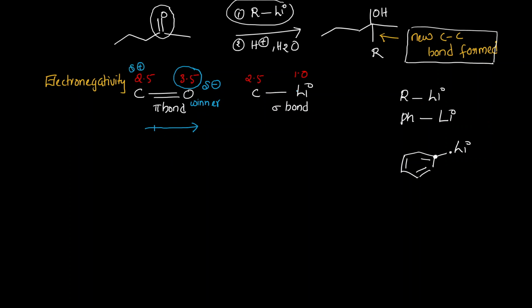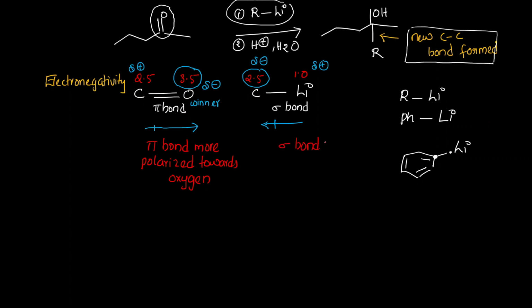In the carbon-lithium bond, the carbon is more electronegative. So the carbon will pull the electrons towards itself and gain a partial negative charge and the lithium will gain a partial positive charge. So we can say the pi bond is more polarized towards oxygen. In the carbon-lithium bond, the sigma bond is more polarized towards carbon.